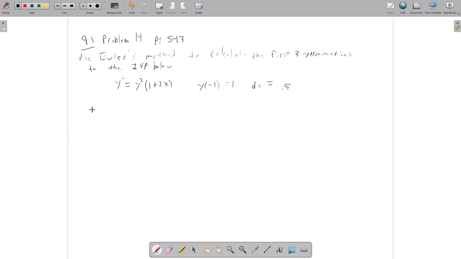So let's see here. The linearization of a function, L of x, is approximating y.